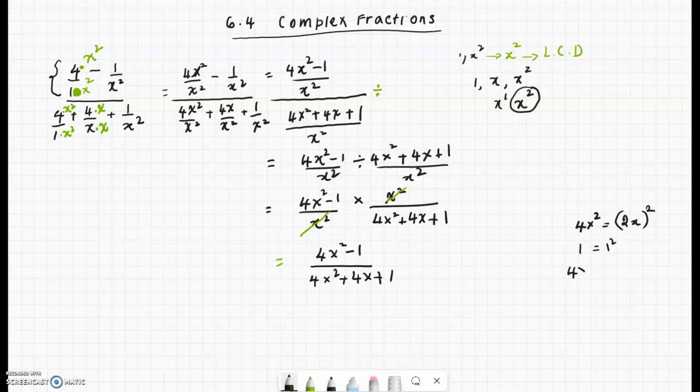So when you see a square minus another square, you know that it is 2x plus 1 times 2x minus 1. So this is equal to 2x plus 1 times 2x minus 1.